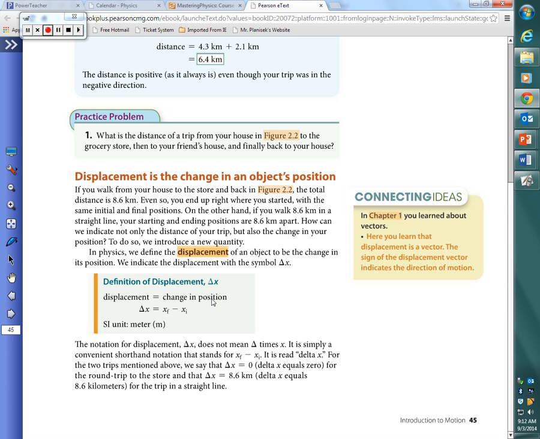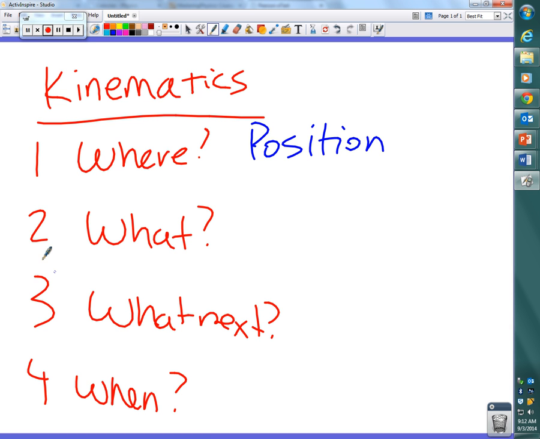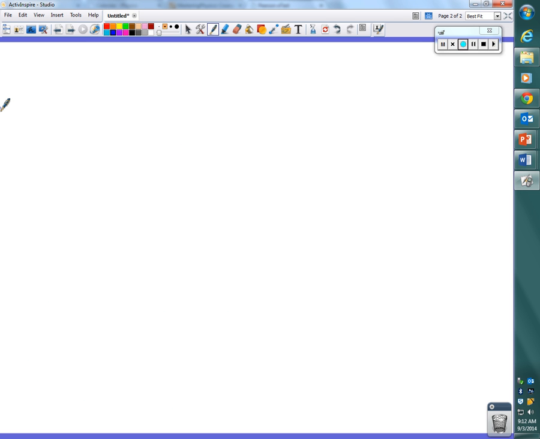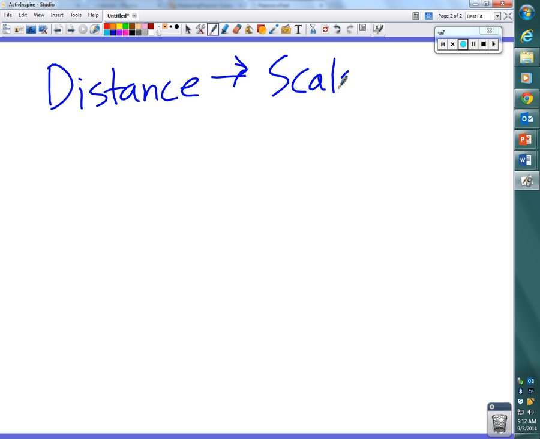Okay, so distance is our first example of what we call a scalar quantity.